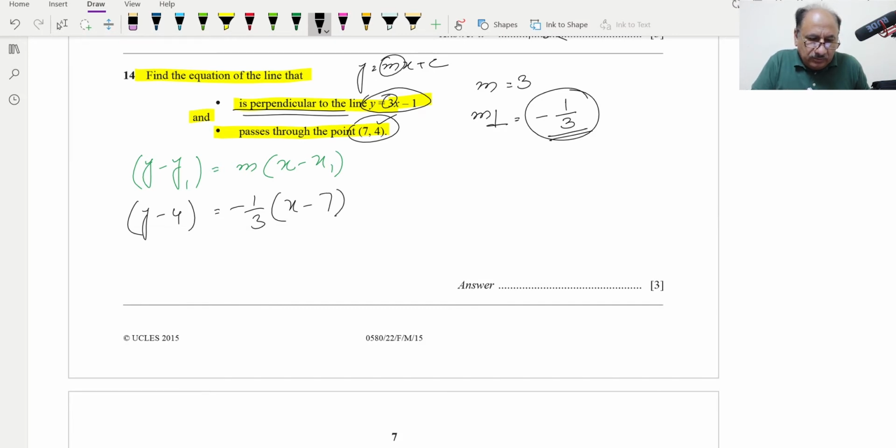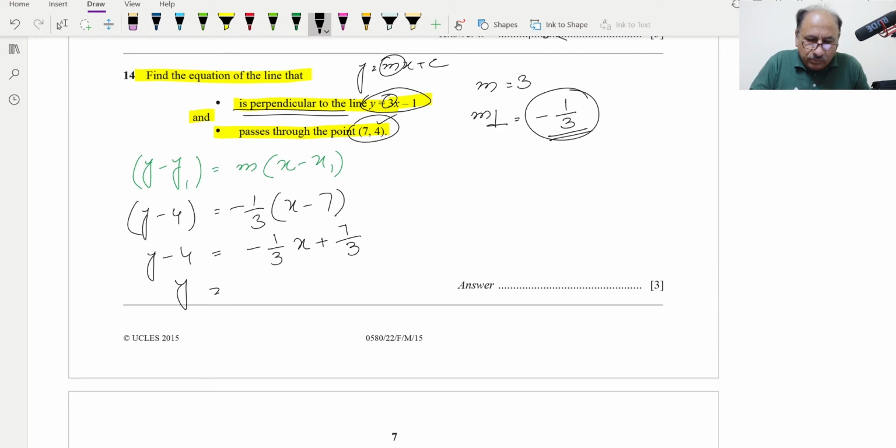Now we can open the bracket, and minus 4 we can write like this: minus 1 over 3x, and minus 1 over 3 into minus 7 will be plus 7 over 3.